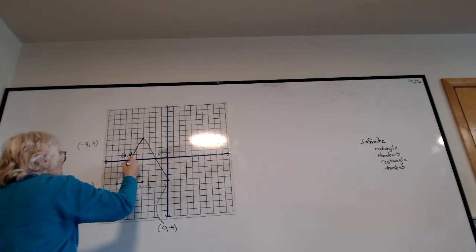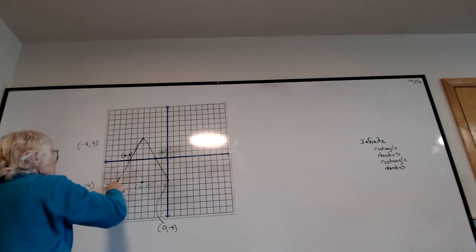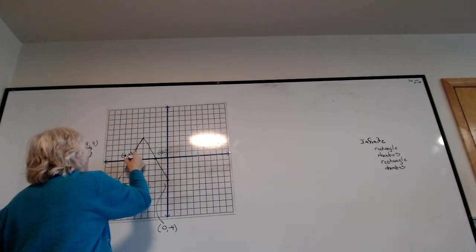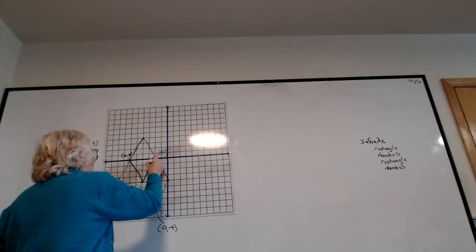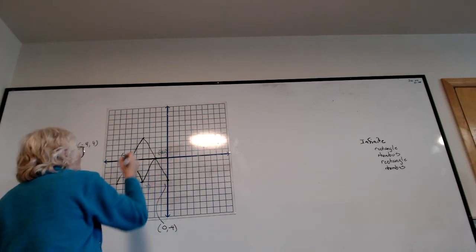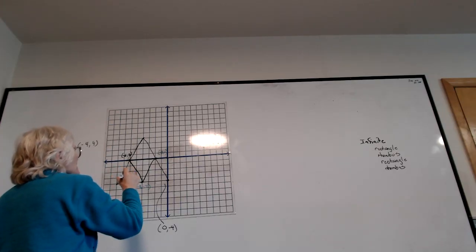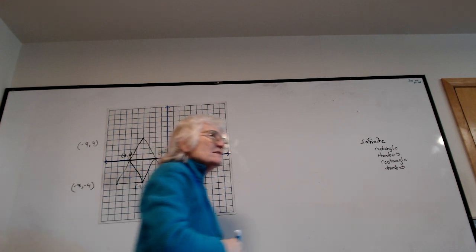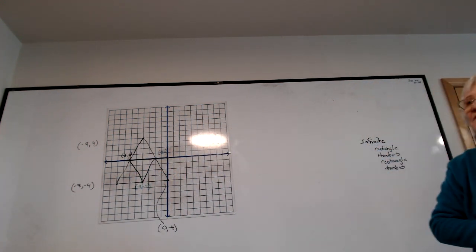I switched all the colors on it, didn't I? I can't draw straight, that's all I know. Okay, so we're going to connect these. And in our book, when we connect those midpoints, we got something that was half the size.